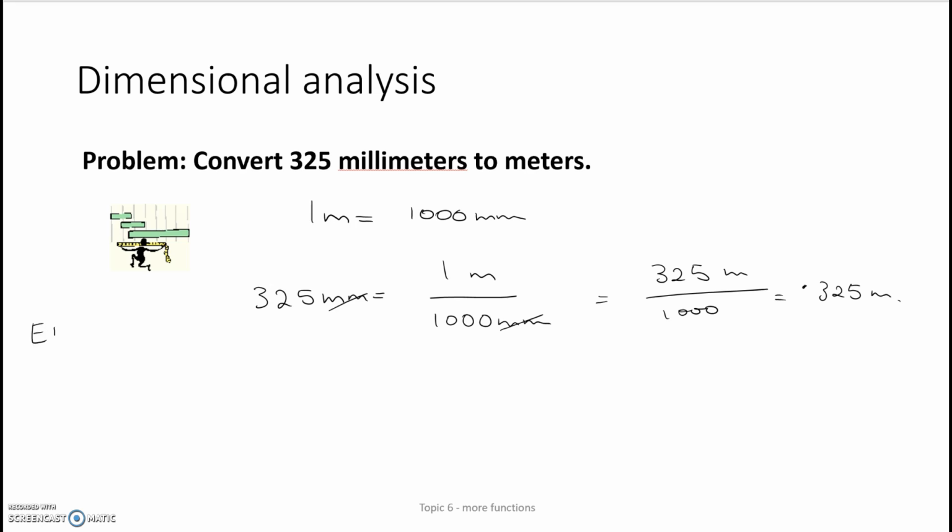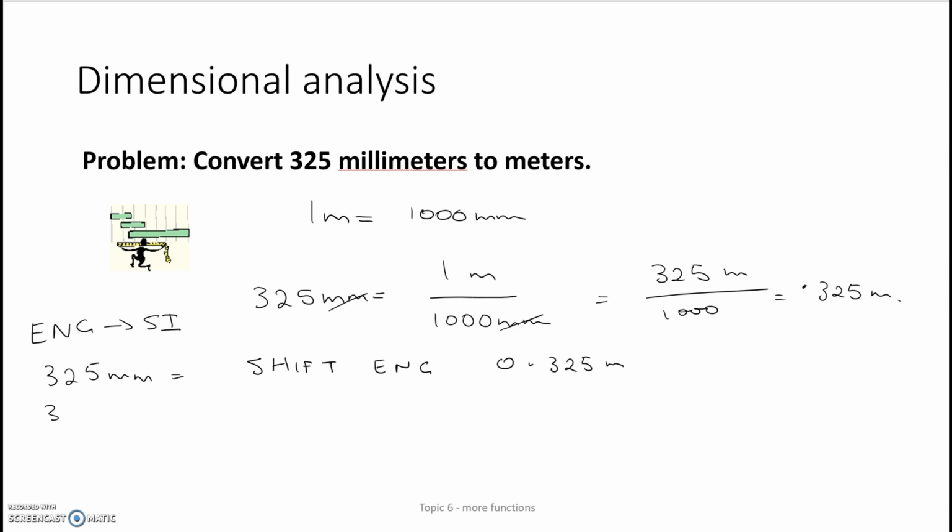Now you can use your calculators for this. We have a mode on the calculator, the engineering mode, and it's really useful for converting measurements to SI units. So if we type in 325 millimeters and then shift eng button to call up the engineering notation, we would get 0.325 meters.